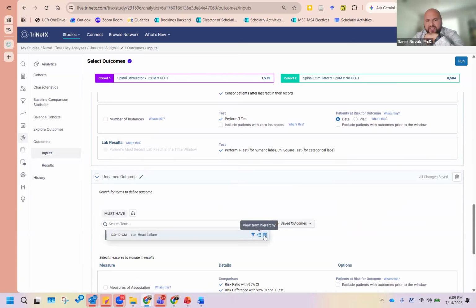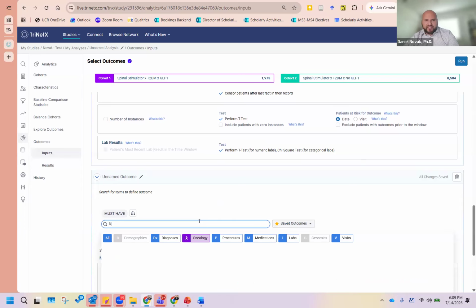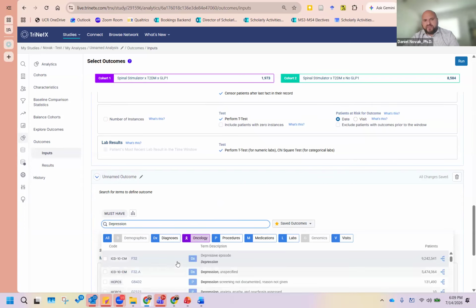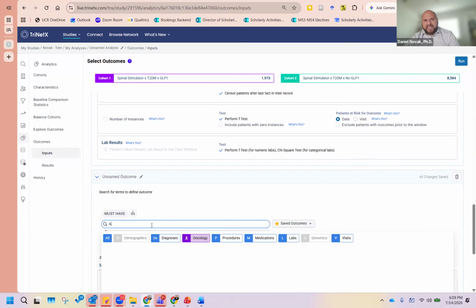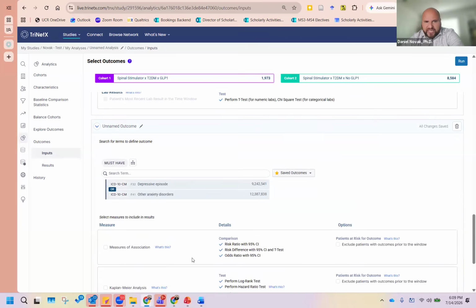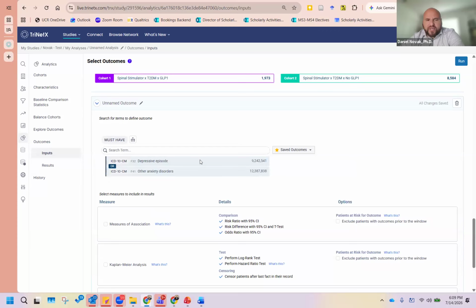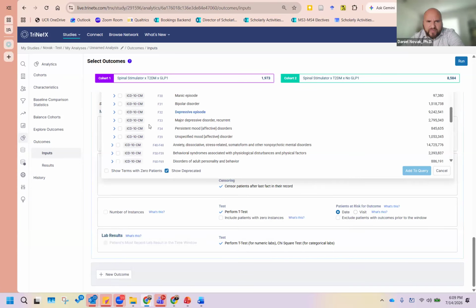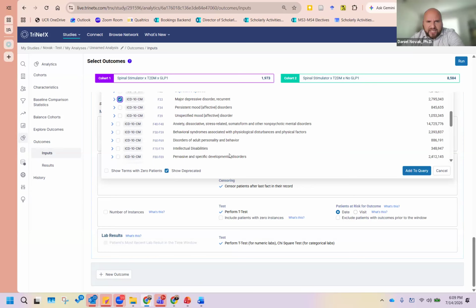Again, one that's very common is you could include depression and anxiety, right? Because these are two very comorbid psychiatric conditions. So including them both, there's actually depression comes in two flavors, major depressive and depressive episode.